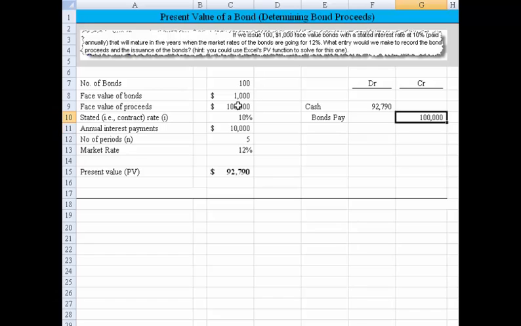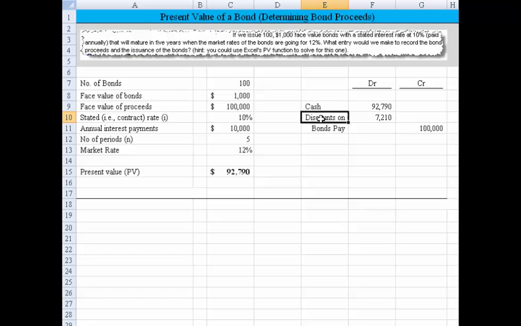And of course, we've got to record that discount, which makes up the difference. So if I take the 100,000 minus the 92,790 cash proceeds, I'm going to get a debit that should go to the discount on bonds.